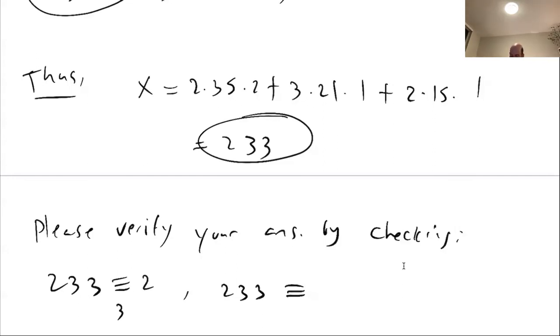And what was m? M was the product of m1, m2, m3. 3 times 5 is 15, times 7 is 105. So this is 233 plus 105 times k, and k comes from the set of integers.